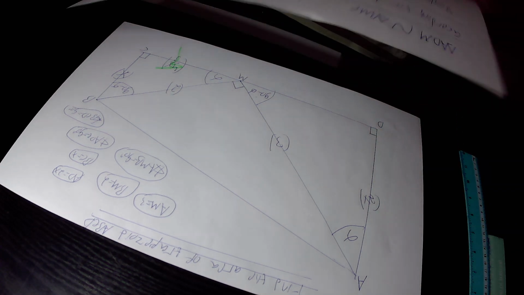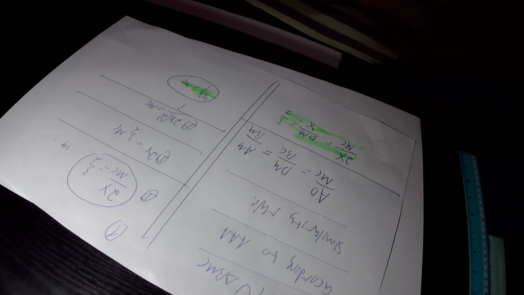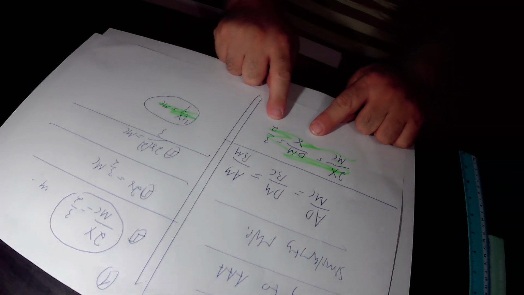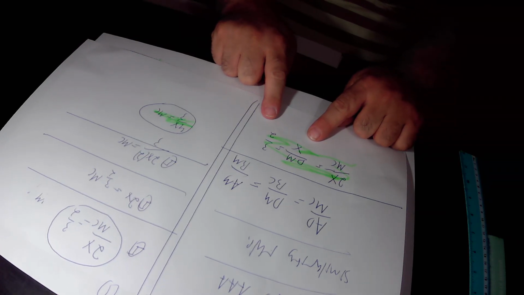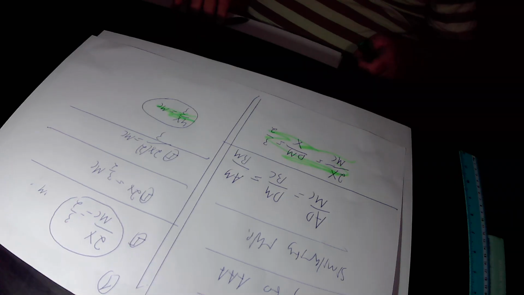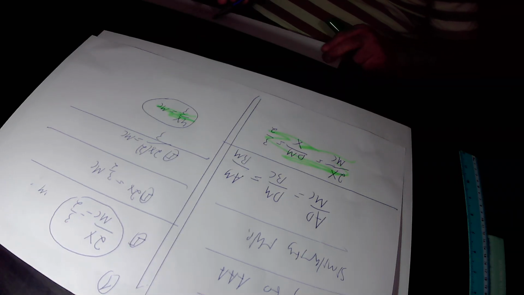We continue to focus on this long equation, and again those two expressions are equal to each other, therefore we get equation 2 from those two expressions that are equal to each other. According to equation 2, we get that DM over x equals 3/2.